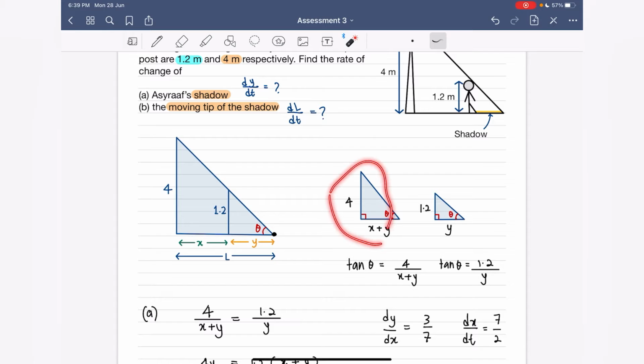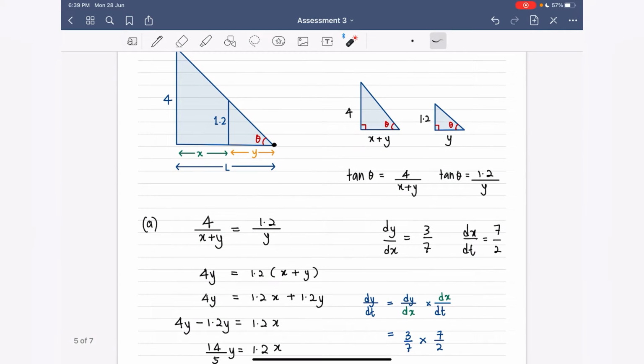For the first triangle, tan theta equals 4 over x plus y. For the second triangle, tan theta equals 1.2 over y. So we can make the equation 4 over x plus y equals 1.2 over y.